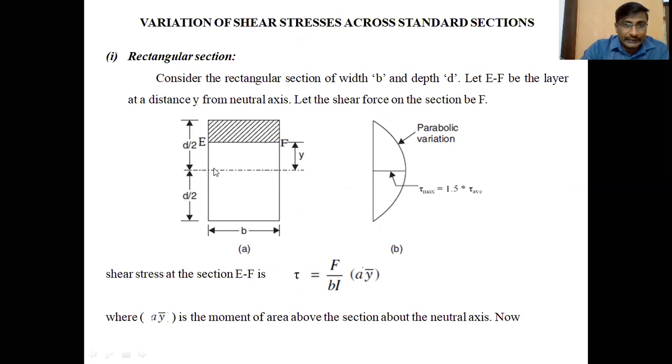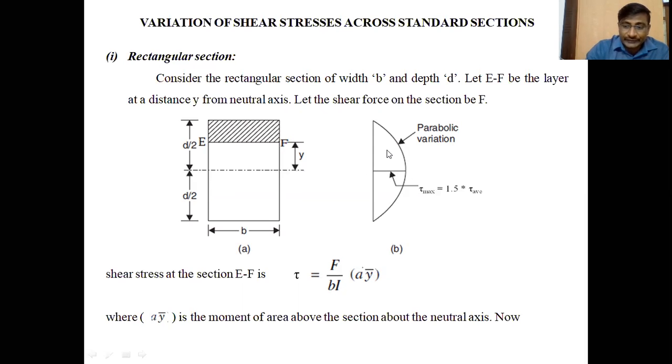Whenever we consider the layer EF at the neutral axis, y becomes 0. The area considered is above the neutral axis, and the layer EF is at the neutral axis, therefore y becomes 0. So whenever y becomes 0, the shear stress is maximum.